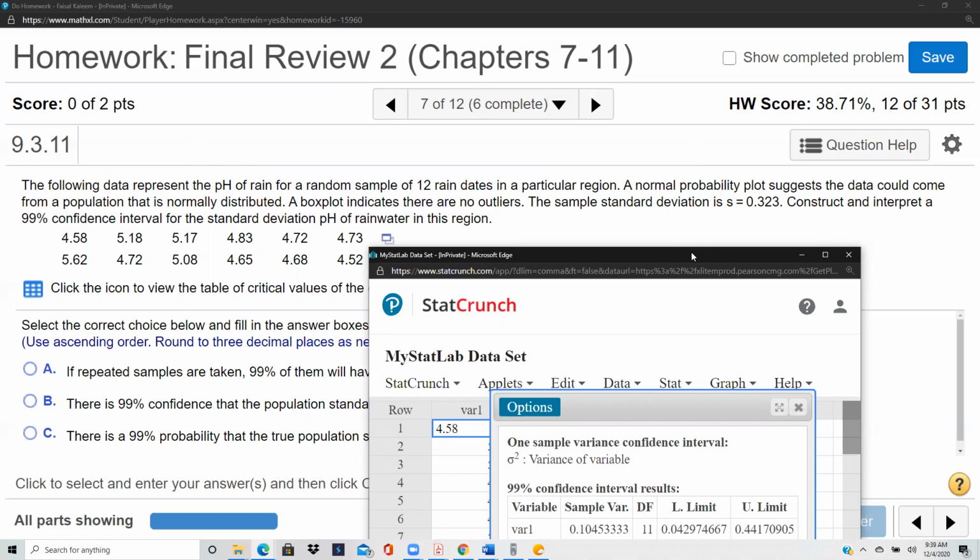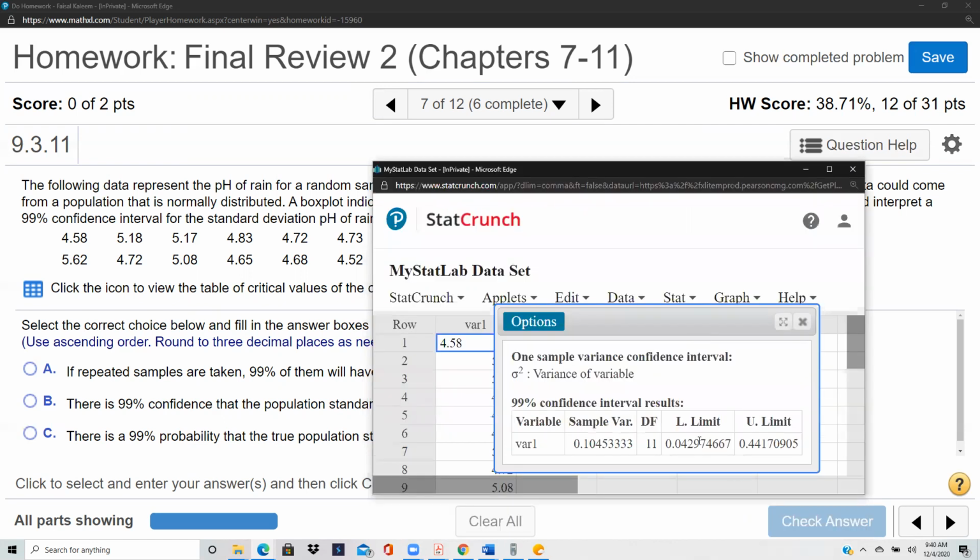So now the question is, which of the others are talking about a confidence level? B. Yeah, B is the only one that's talking about confidence, right? Okay, so now I just select B and put in this lower limit and upper limit.